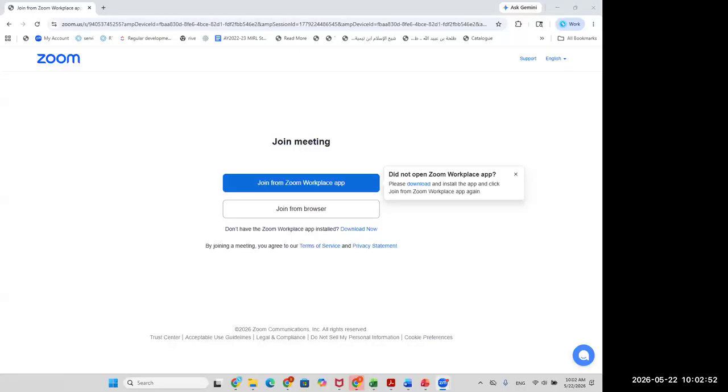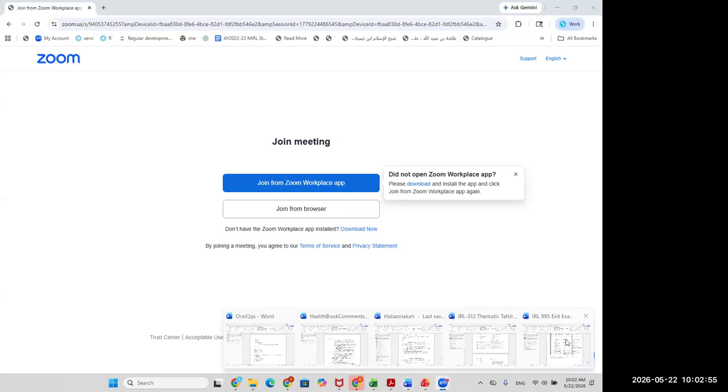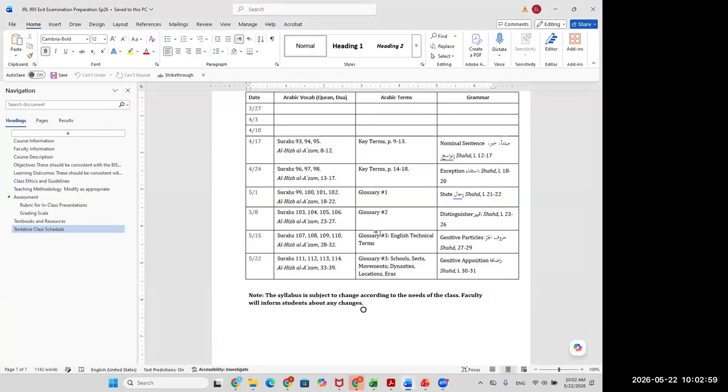Okay, then we can get started. Since they rearranged the order of the buttons on the bottom. Calling it on. Yes, okay.